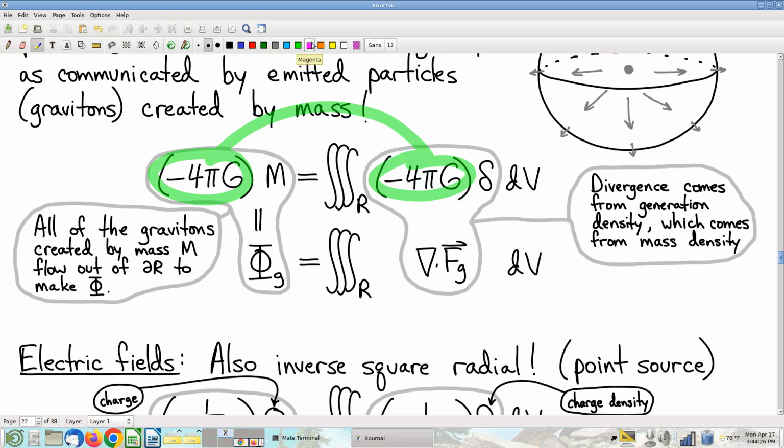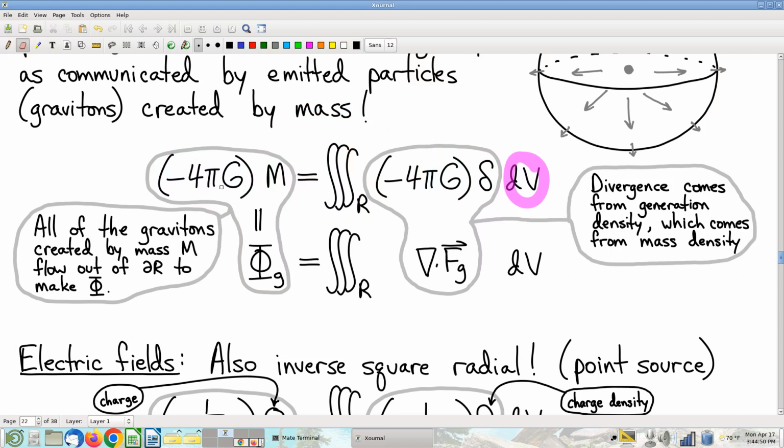Ignoring that common factor, mass is the triple integral of density dV, old news. Right, what I have in purple there, old news. Everybody all right with that? Multiplying on both sides of the equation by negative 4 pi G, not at all controversial. Perfectly allowed to multiply on both sides of an equation by the same factor.